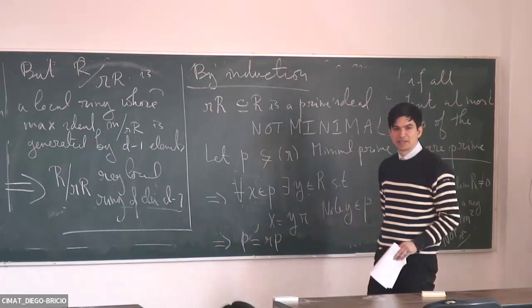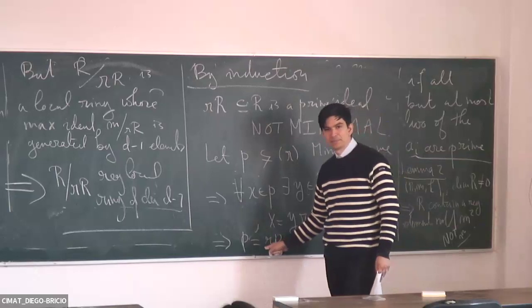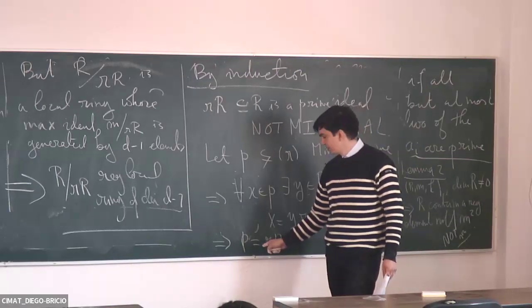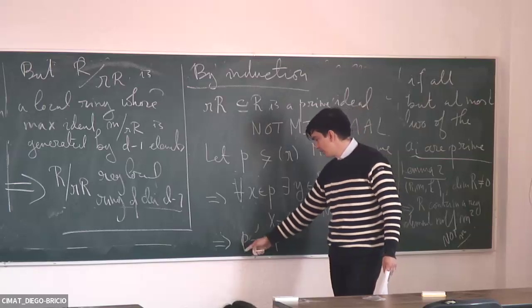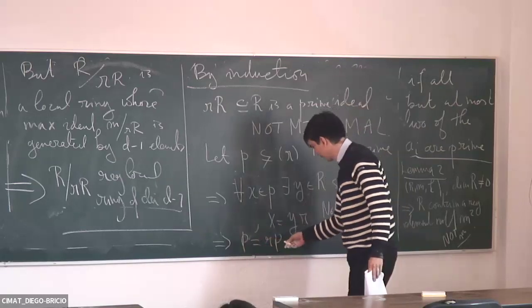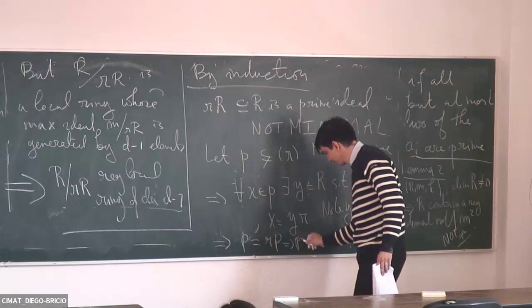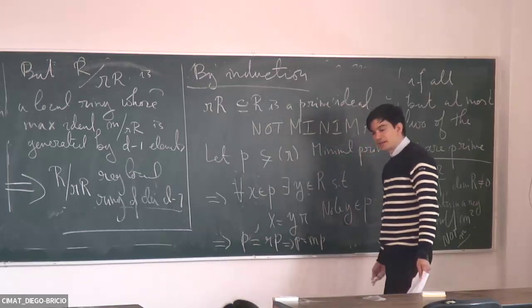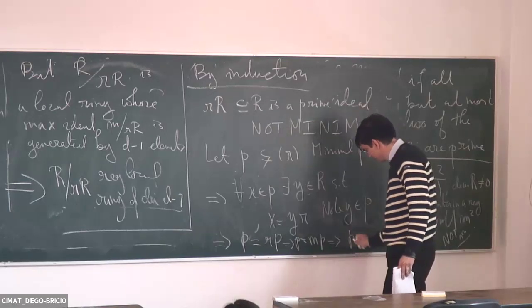And what do we conclude by Nakayama's lemma, given that R is in M? Look, the other way to think about it is that P equals M times P, the maximal ideal. And by Nakayama's, P is 0.